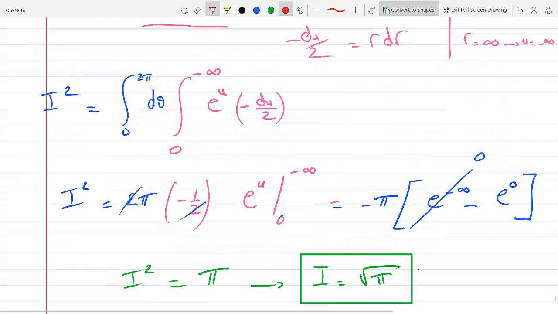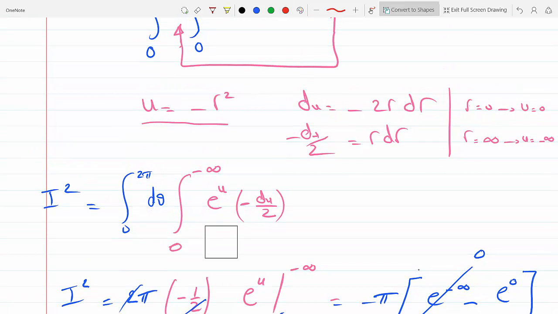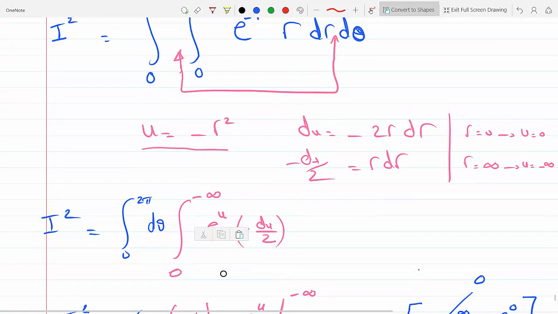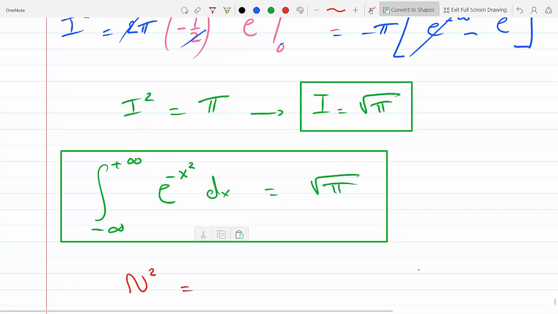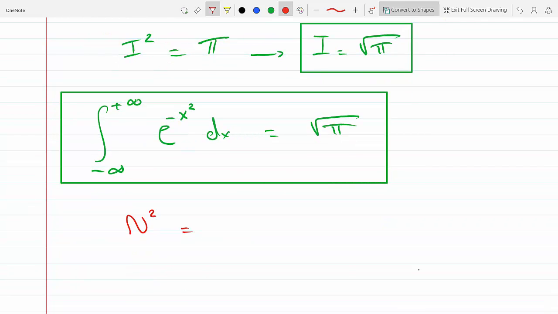Let's go back and check. Yeah, it was the normalization squared. So this is root pi, or pi to the half.